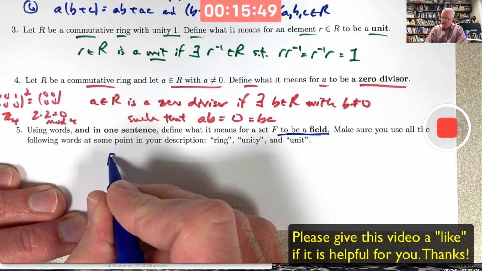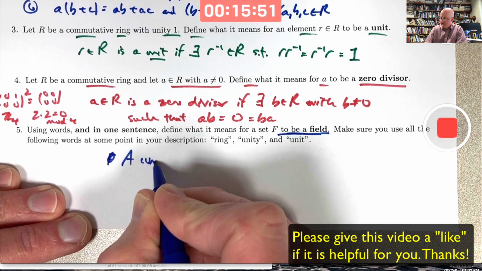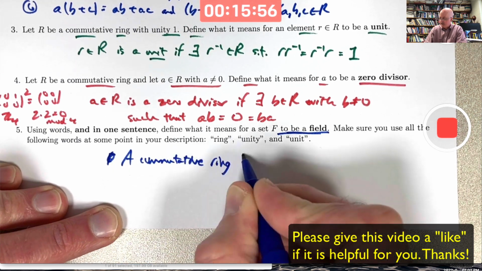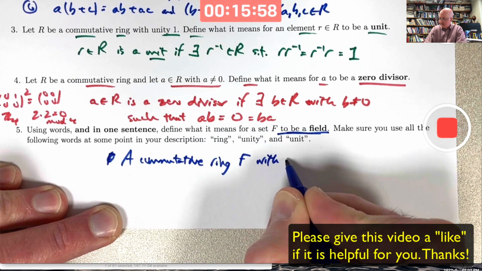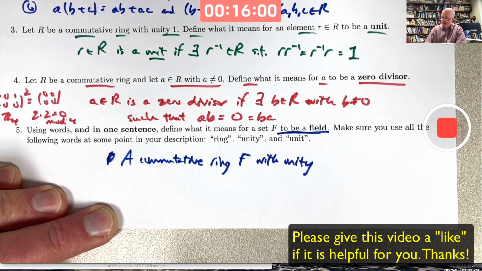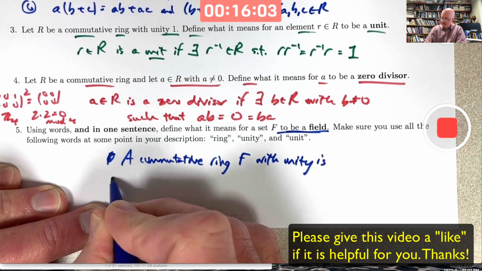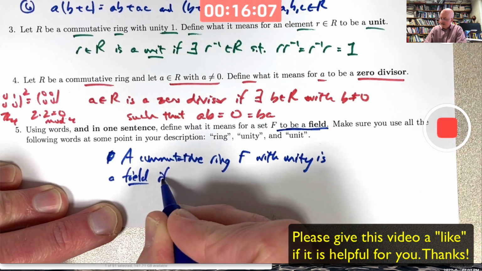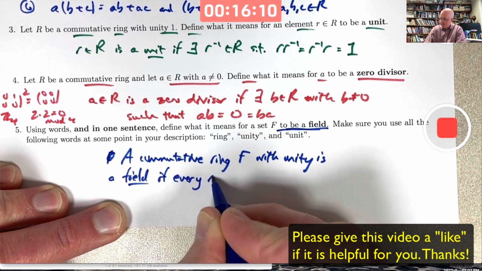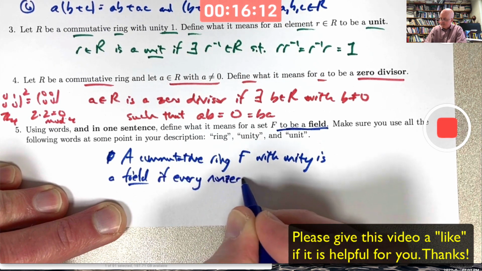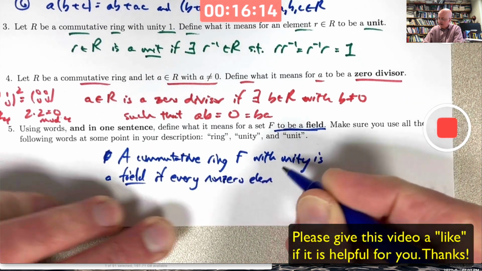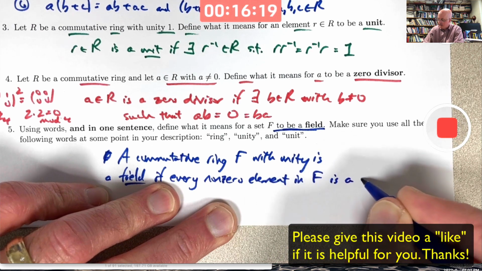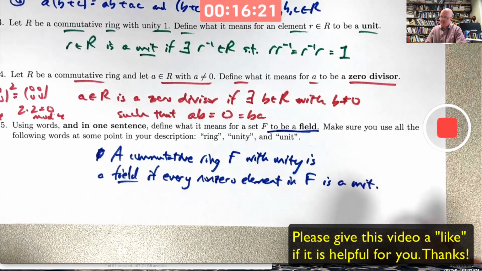A commutative ring F with unity, a 1, is a field if every non-zero element in F is a unit, has a multiplicative inverse, okay?